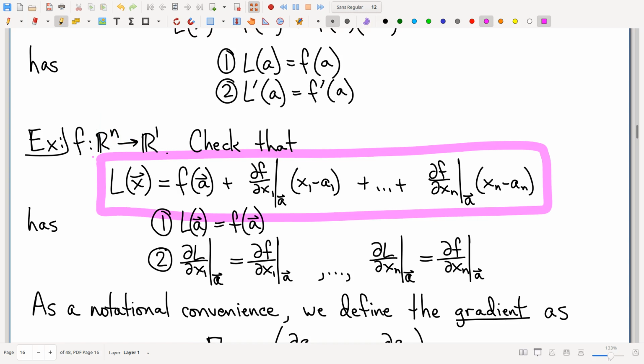This is the linear approximation, in the same sense that this is the unique degree 1 polynomial that agrees with f in value at the point A, and that agrees with the, oh gosh, I have to be careful how to say this. I can't say the derivative. There's a bunch of different partial derivatives because we have a bunch of different input variables. So this is the unique one that agrees with f for all of the partial derivatives.